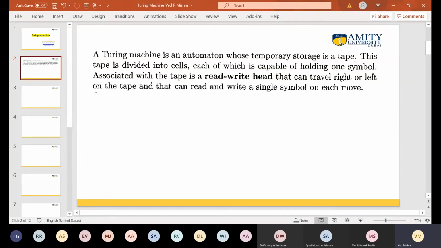that whatever algorithm or procedure can be carried out by human beings or a computer, any algorithm or any procedure carried out by any human being or computer can be carried out by the Turing machine as well.